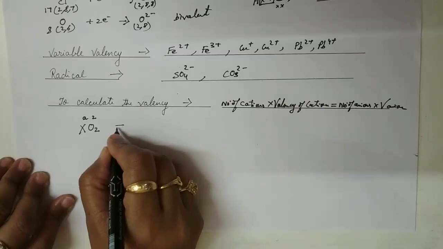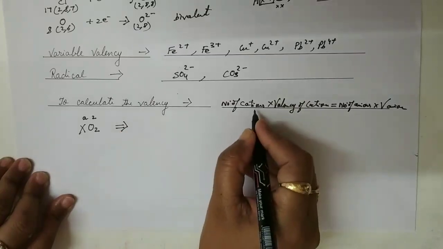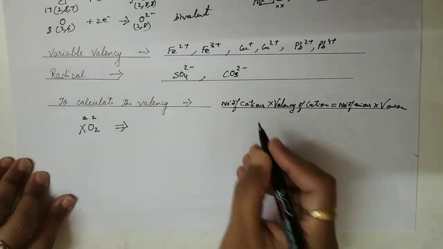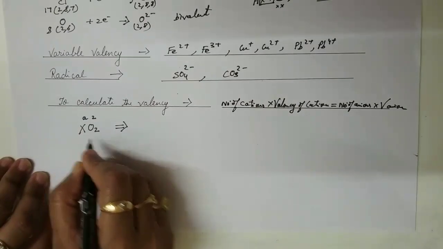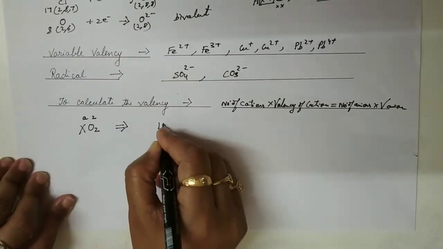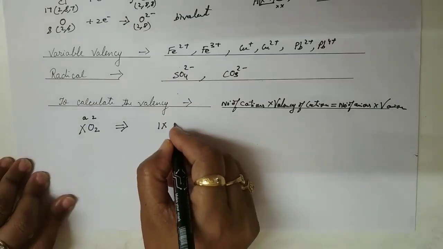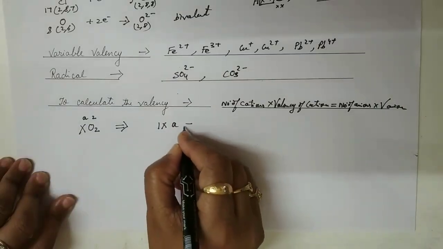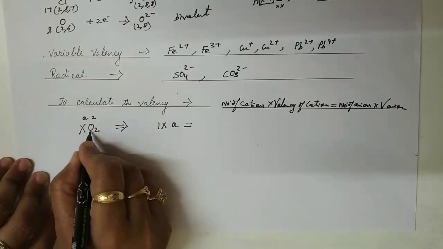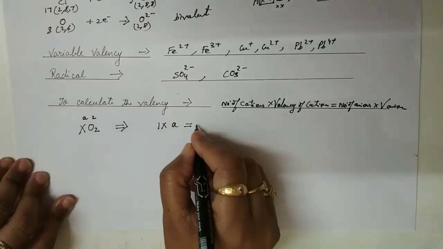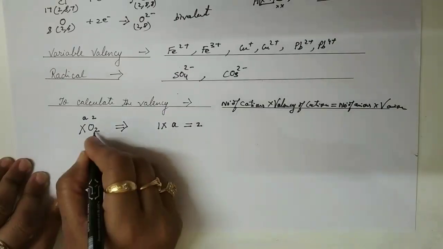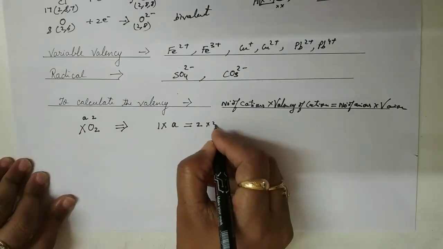Now, if I go this way, how many cations do I have? 1. What is the valency of the cation? I have assumed A. How many anions do I have? 2. What is the valency? 2.